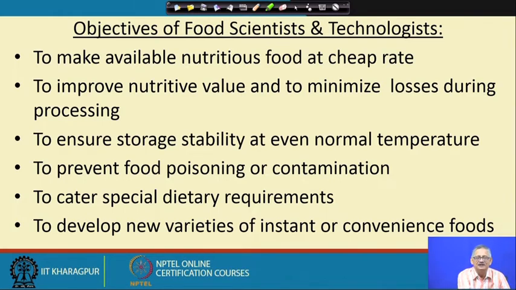if she has taken 100 grams or 1 liter of milk, or 100 grams of rice or 100 grams of wheat, the finished product is never equivalent to 100. Some is lost. In the milk, you will see some at the bottom of the container is associated, which you cannot take out.